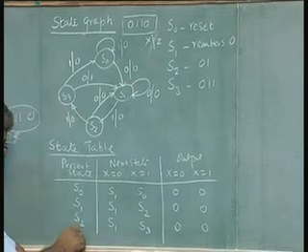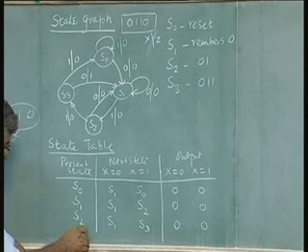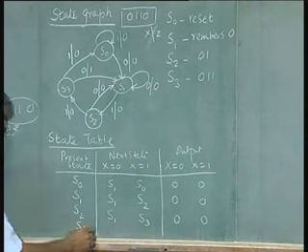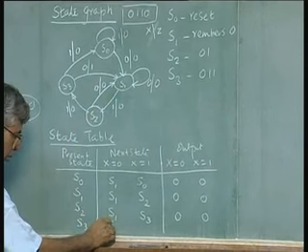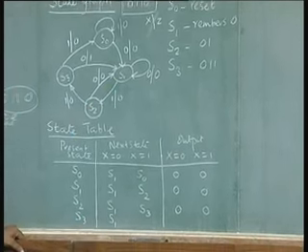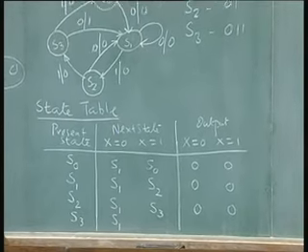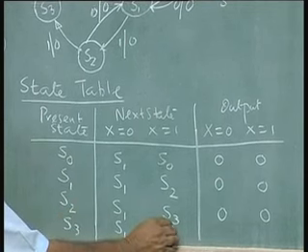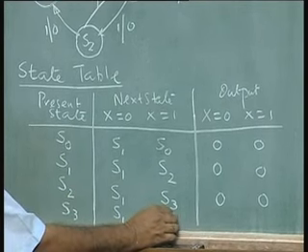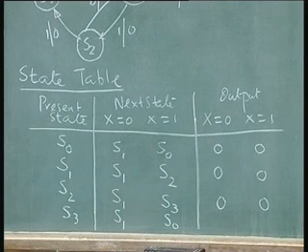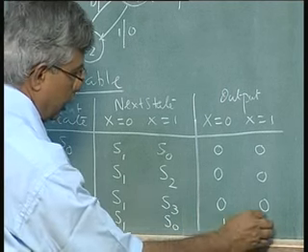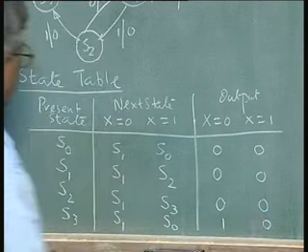Finally, when the circuit is in S3 state, input 0 occurs, the circuit goes to S1, when 1 occurs, circuit goes to S0. In the first case the output is 1, in the second case the output is 0. This is the state table.